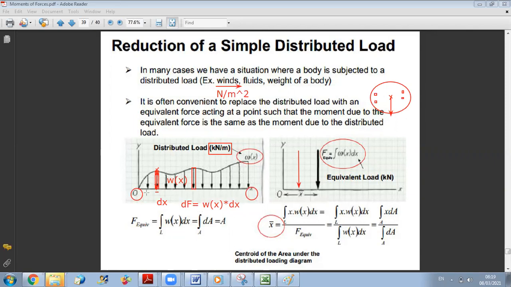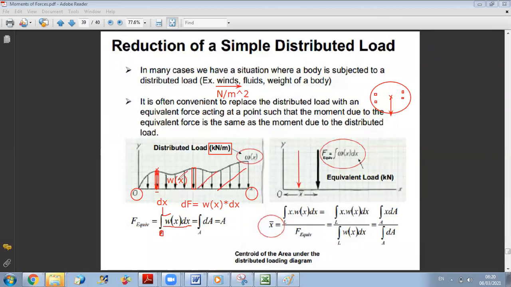So if we consider a total length L, so we are integrating over L, omega x dx. So if you want to put the limits of integration, it is from 0 to L. Okay, and this will give us what? When we integrate from 0 to L omega x dx, mathematically, this will give us the area under the curve.